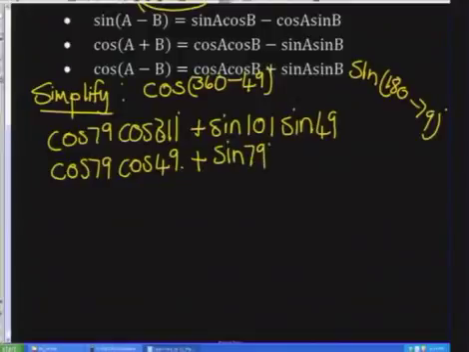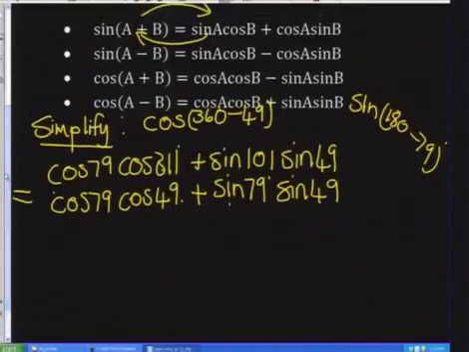And very fortunately, I've got sine 49 over here. Now, guys, have a look at what happens. I have cos of one angle, cos of another angle, plus sine of one angle, sine of another angle. Now, I'm going to look at my identities and see if I recognize this.